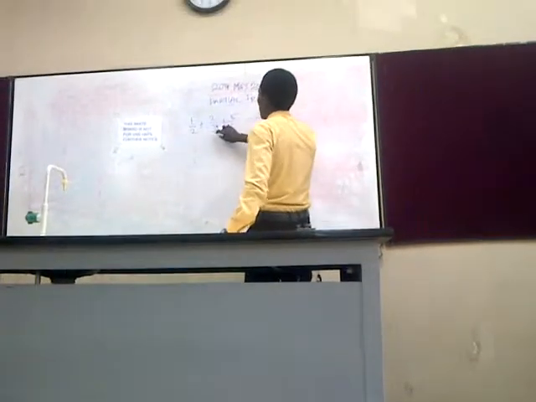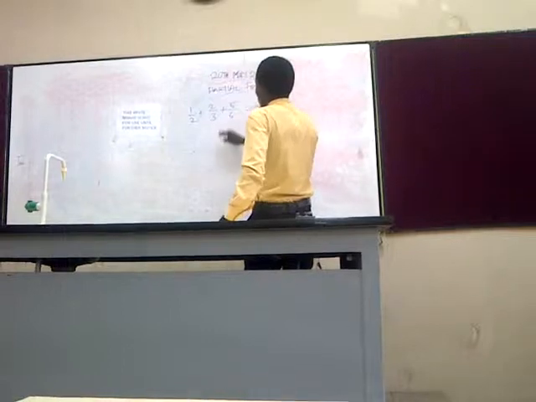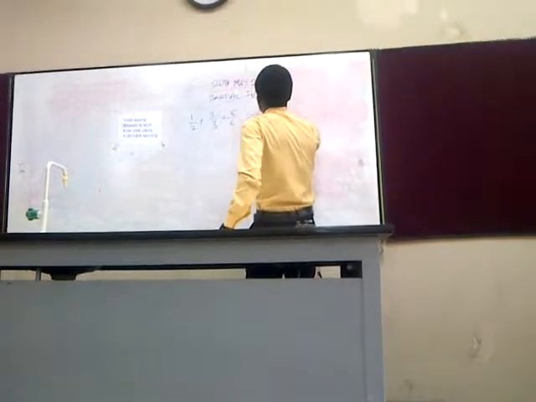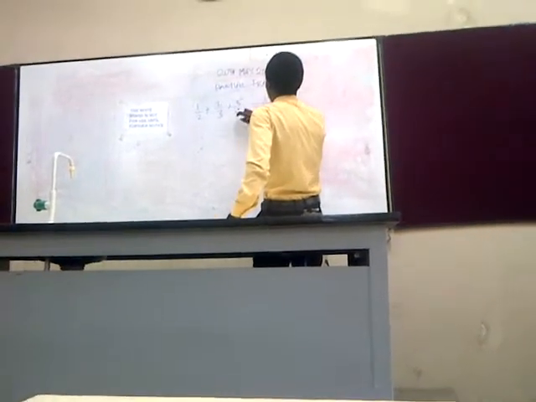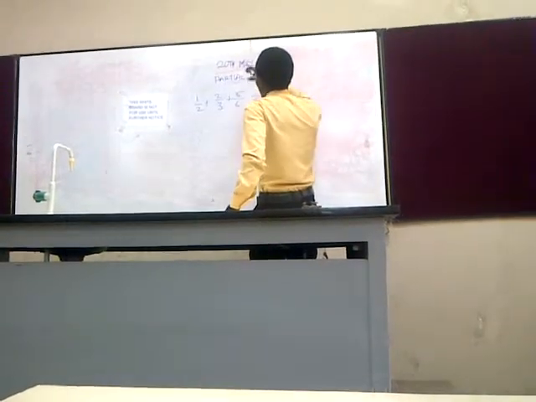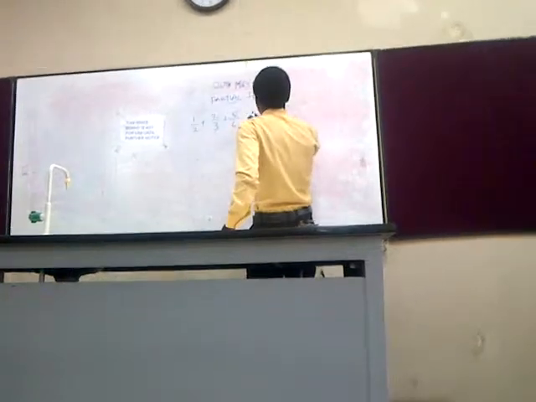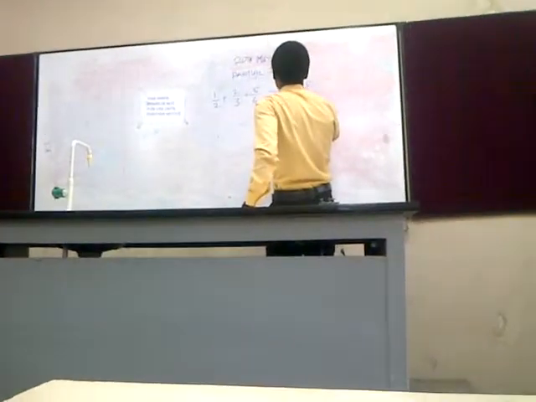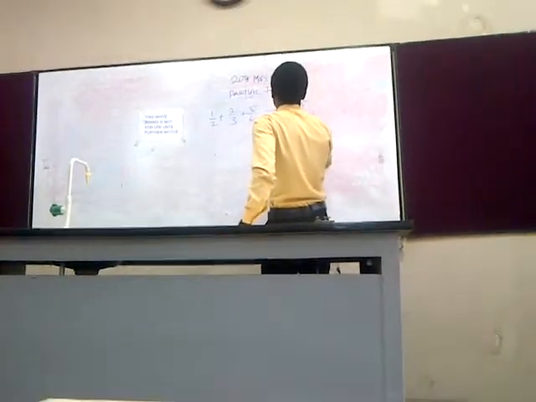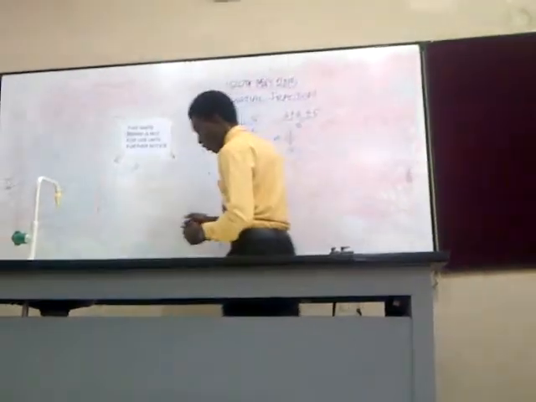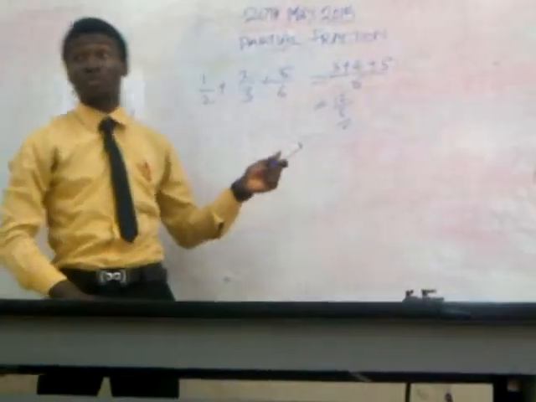And plus, how many 3s can we see in 6? 2. Multiply by the 2 above it. That's 4. And how many 6s can we see in 6? 1. Multiply by the 5 above it. That's 5. So, adding it up, we get 12 over 6. So we've been able to add this fraction.